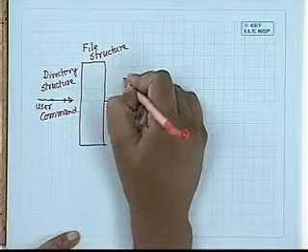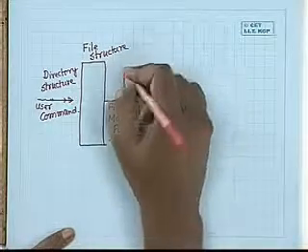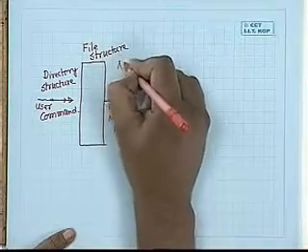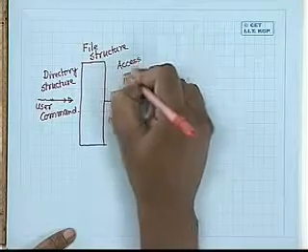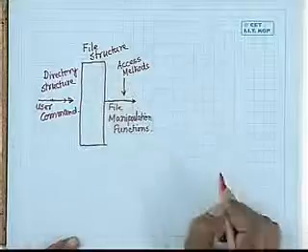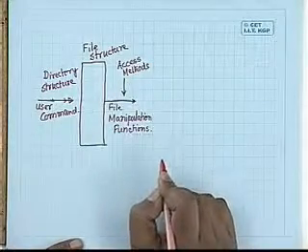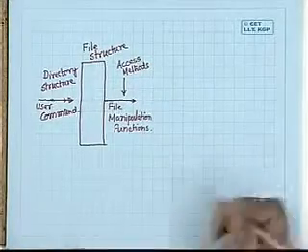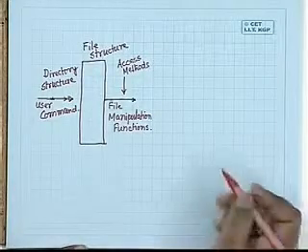Okay. And these file manipulation functions will obviously depend upon the access methods. Okay, because different file structures are to be accessed in a different way, and manipulation will also be different.